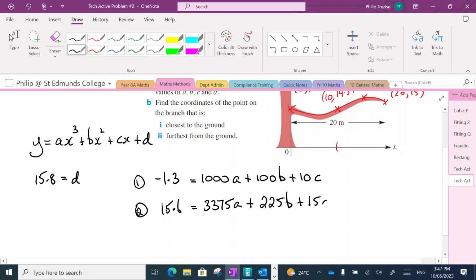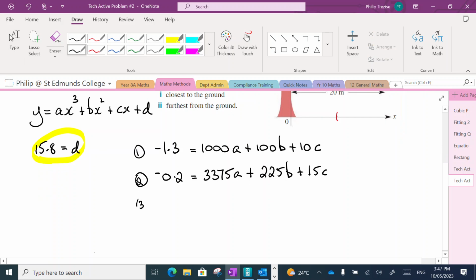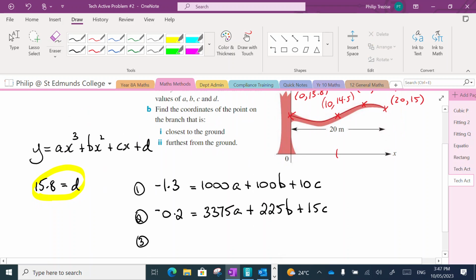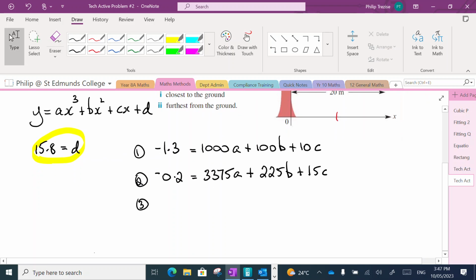Then we have 15 times c, and then plus 15.8, which was the value of d from our original data point. Again, I'll subtract that. Subtracting 15.8 from there, this time I'll end up with negative 0.2. My third equation: the y value is 15, the x value is 20.